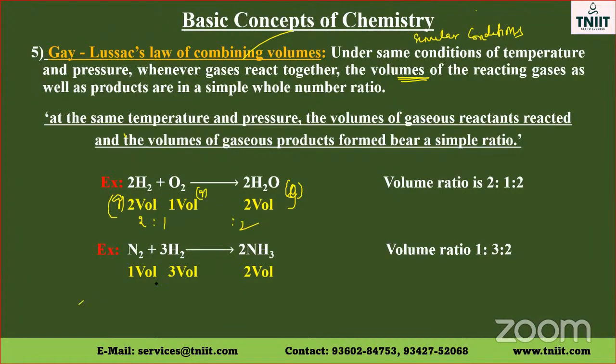Or another example, 1 liter of nitrogen reacts with 3 liters of hydrogen to form 2 liters of ammonia. So the ratio is 1:3:2. So Gay-Lussac's law states at similar conditions of temperature and pressure, gases react with each other in terms of volumes to form a product in which the reactants and products are in simple whole number ratio.